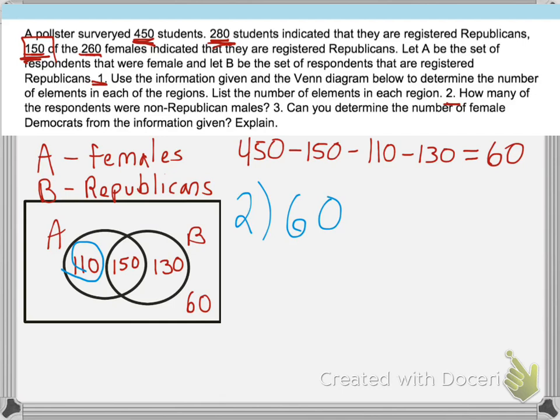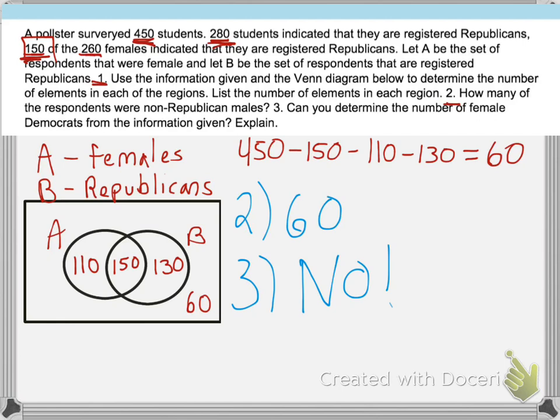So the answer to the question, can we determine the number of female Democrats from this information, is no. You can tell how many are not Republicans. There's 110. But not every person that's not a Republican happens to be a Democrat. And so, no, we cannot. And as for the explanation, just what I've just said.